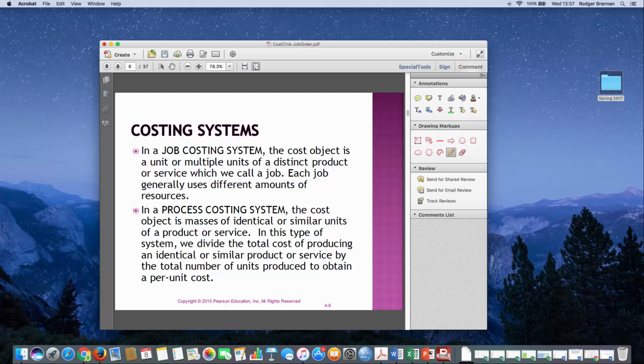Now, as I said, job order costing is fundamentally different than process costing. Not because of the number of units that you're making, not because process costing tends to be continuous, but because of this idea of a discrete or distinct product, and that each of these can be separated and distinguished from another.